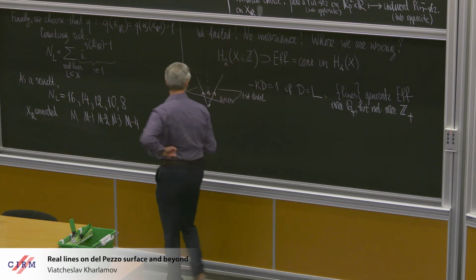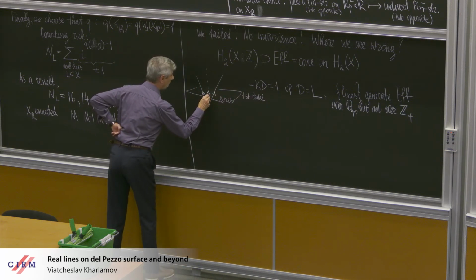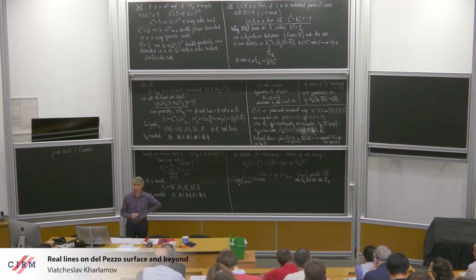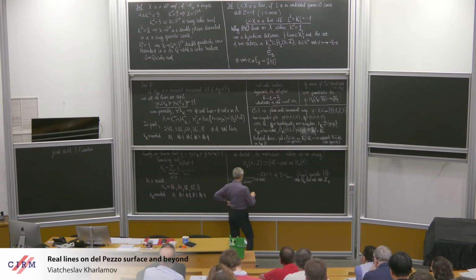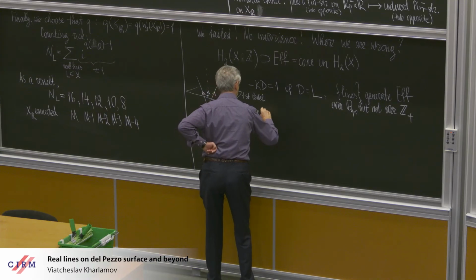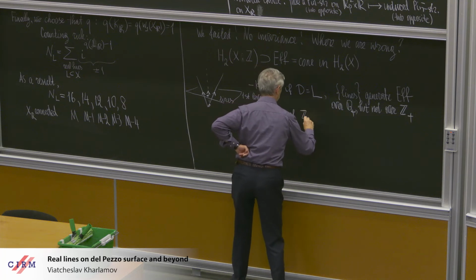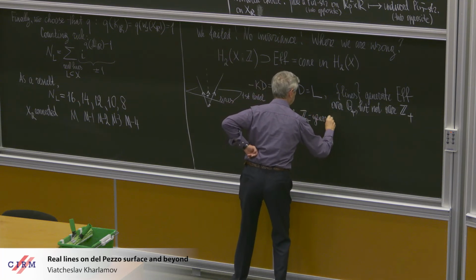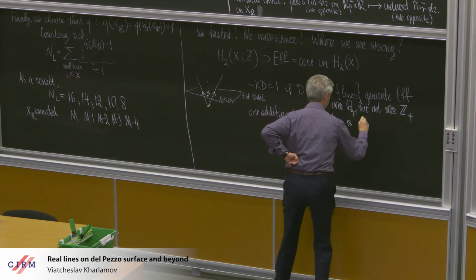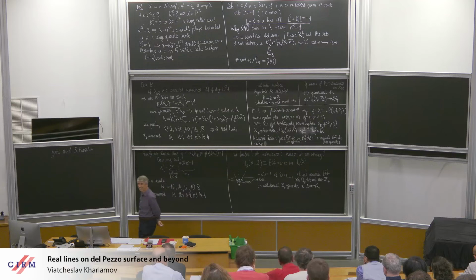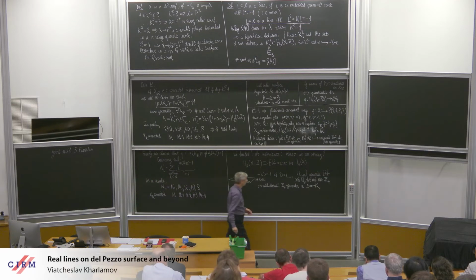So there is one more vector which you need to add to the lines to generate the semi-group of effective divisors. And this additional generator is our D equal to minus K. So the correct counting rule is the following.